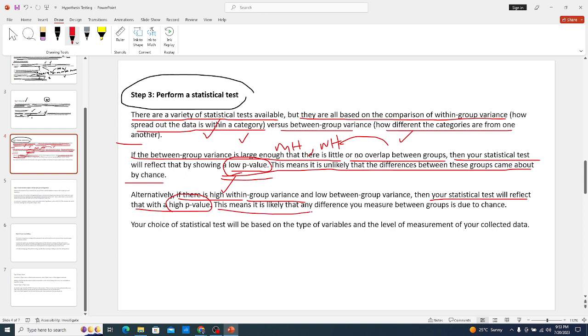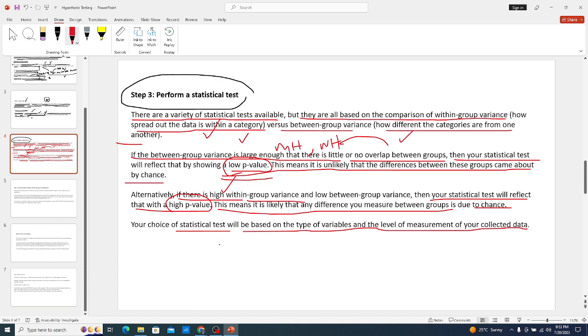This means it is likely that any difference you measure between the two groups is due to chance. So your choice of statistical test will be based on the type of variables and the level of measurements of your collected data.